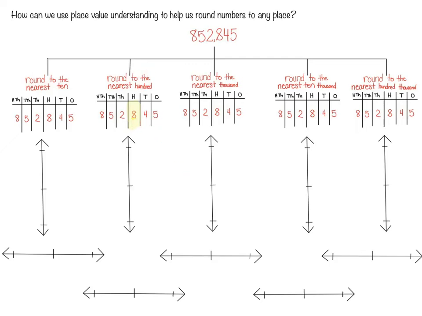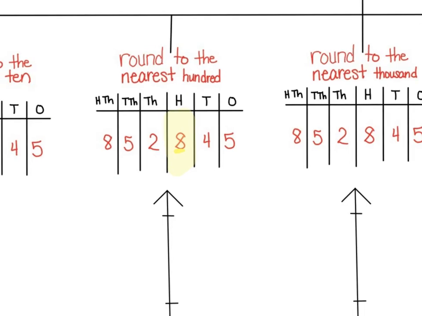And 800 is smaller than 845, so it will go below. Now we're thinking, what is one more 100 than 800? Well, that's 900. So 900 goes above.